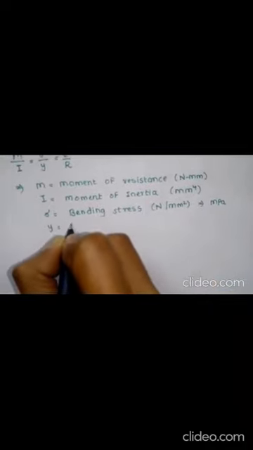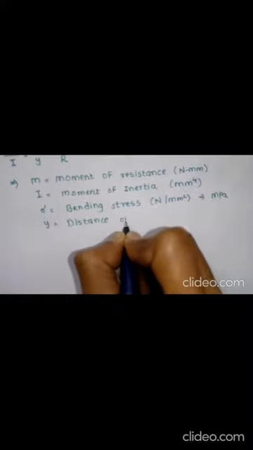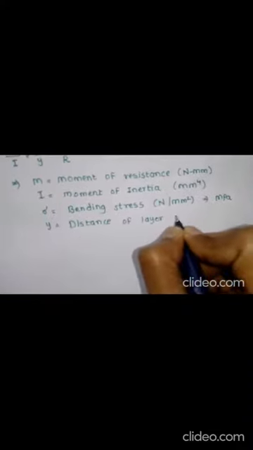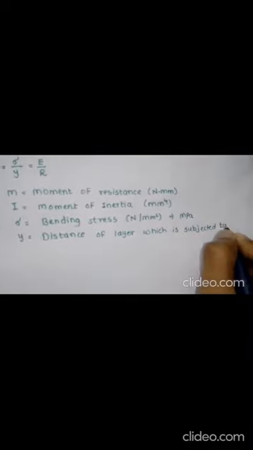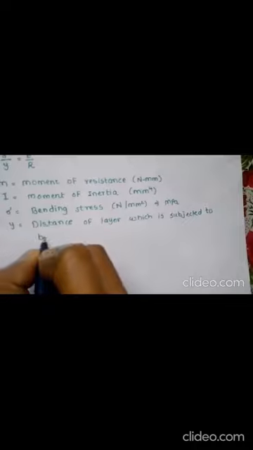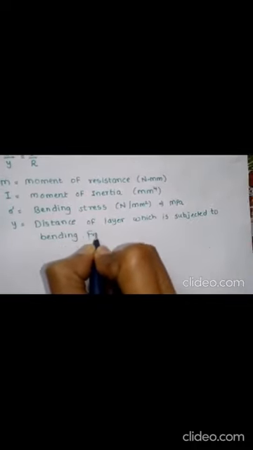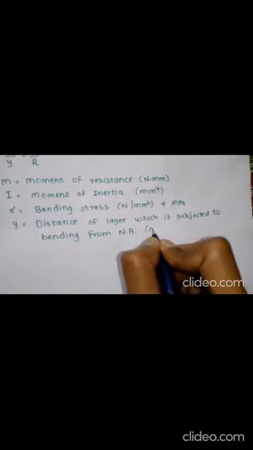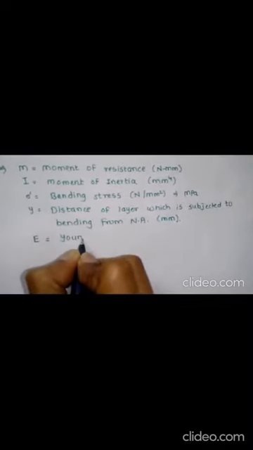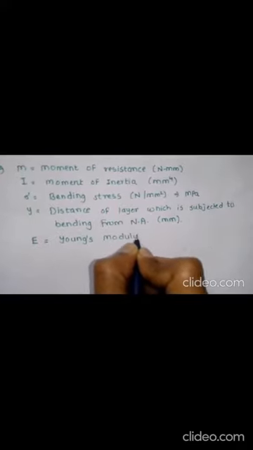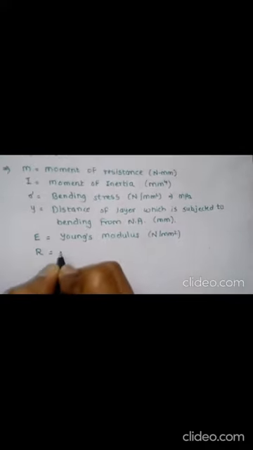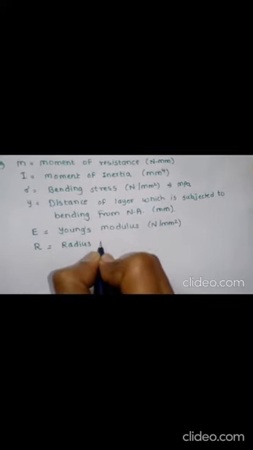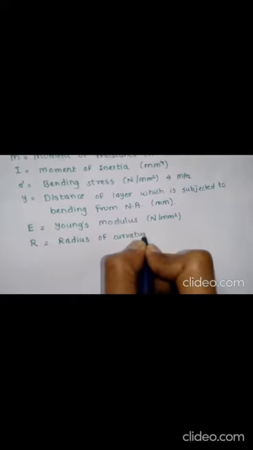Then Y is the distance of the layer subjected to bending from the neutral axis having unit as mm, E is Young's modulus having unit as Newton per mm square, and R is the radius of curvature of the beam.